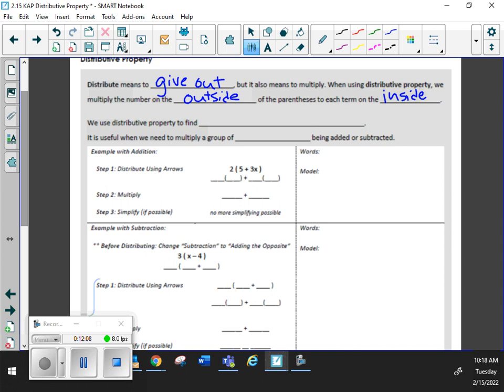We use the distributive property to find equivalent expressions. Again, this is another one of the properties that we talked about yesterday. It's another equivalent way to write those things, like 5 plus 2 is 2 plus 5. It's the same thing. Writing it with the term on the outside is the same thing if you distribute it.